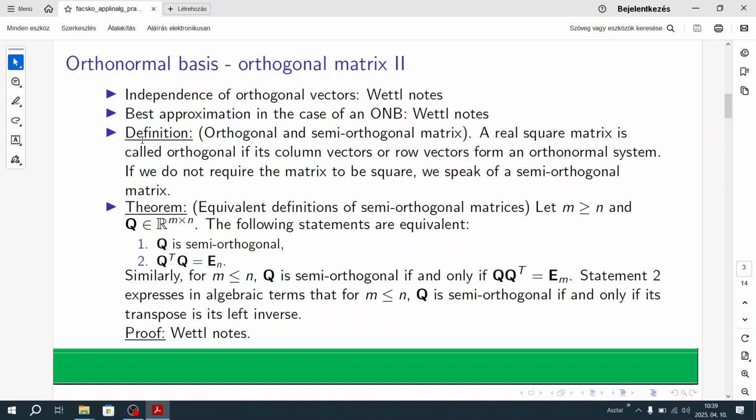There is something called best approximation. Have you ever heard about the least square method? Least square method. You have laboratory exercises, and you use this. Seriously? Yes. Actually, this is shocking to me.